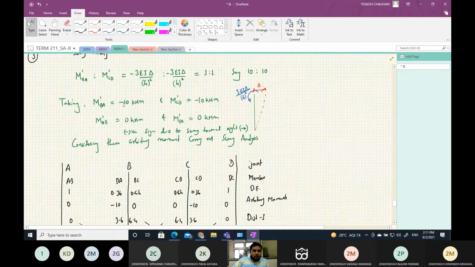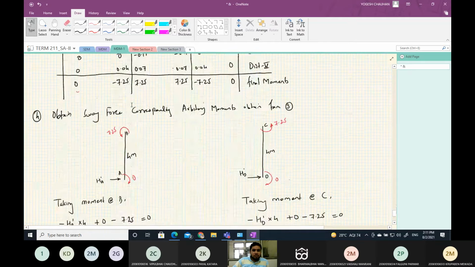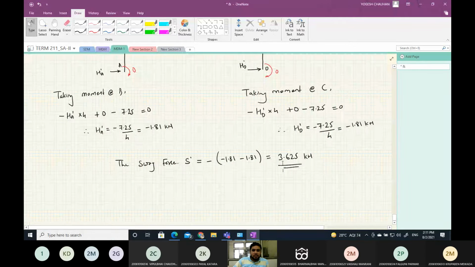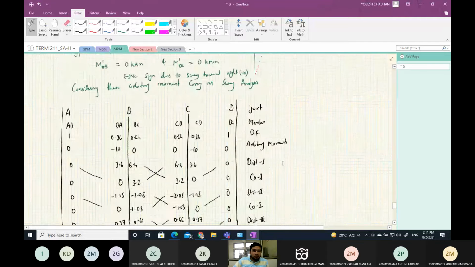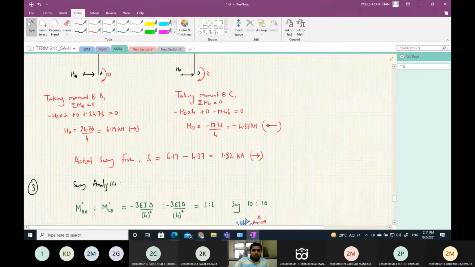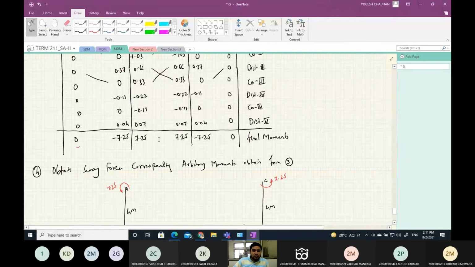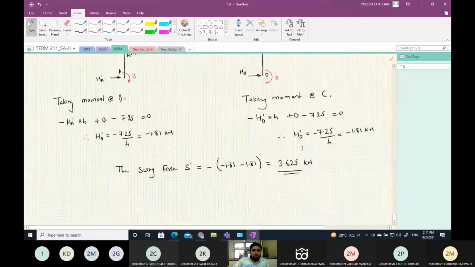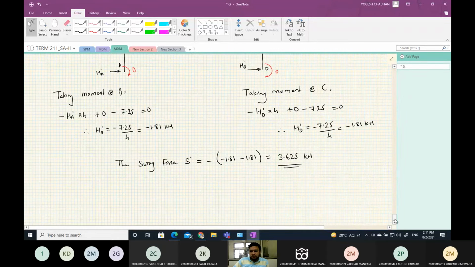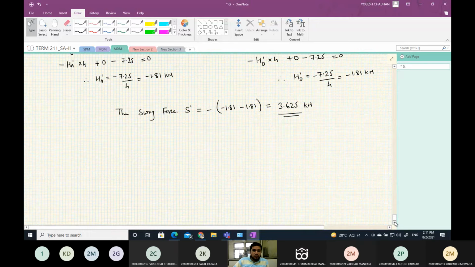By assuming the arbitrary moment as 10, we get this sway force as 3.625, but the actual sway force is 1.82. So you have to scale down these moments. That is the sway correction that we have to do.